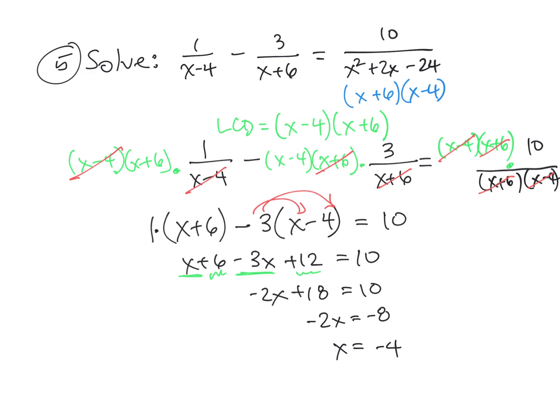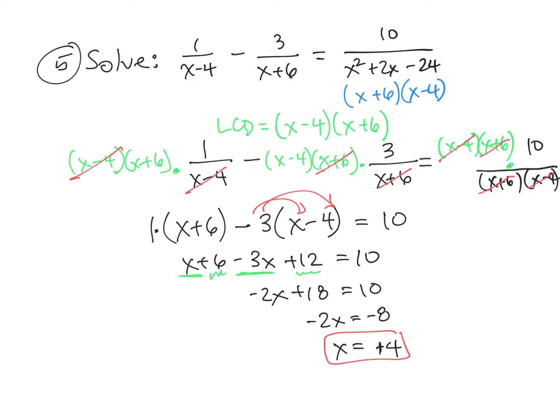And then I recall I forgot something in the beginning, but I'm remembering it here at the end. This was a rational equation, which means there was a possibility that some solutions don't check, and that's what happened here. Now, if I take x equals positive 4 and plug it in, 4 minus 4 is going to give me 0 on the bottom.